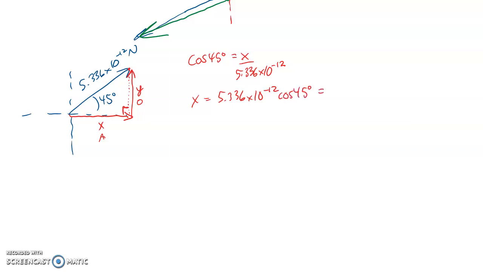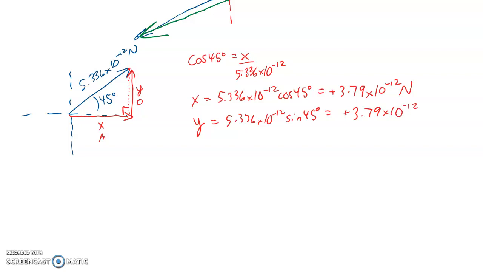If you do that on your calculator, you should get 3.79 times 10 to the negative 12 newtons, and it points to the right, so it's positive. For y, you would do the same thing, 5.336 times 10 to the negative 12, but you're going to use sine because it's opposite the 45-degree angle. But with a 45-degree angle, sine and cosine are equal to each other, so they have the same x and y components.